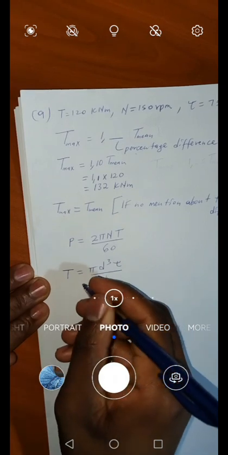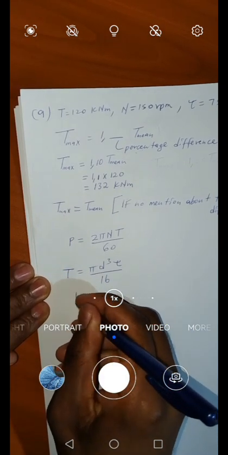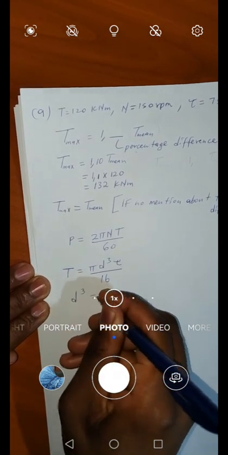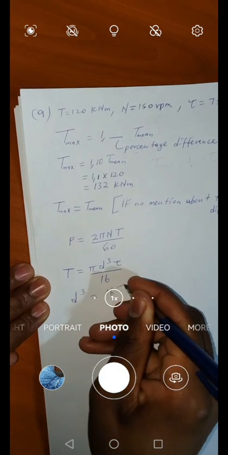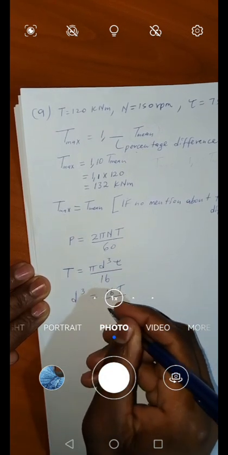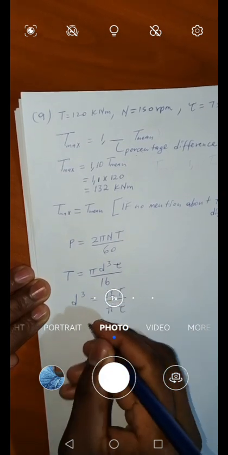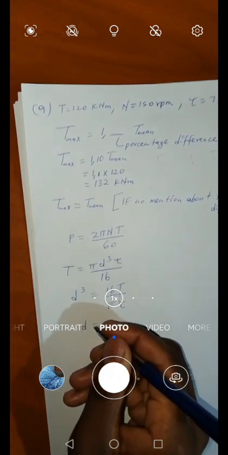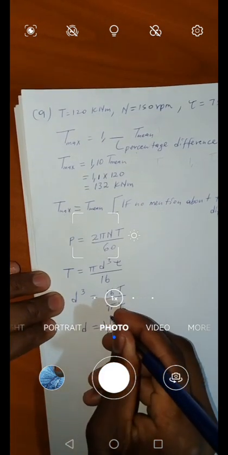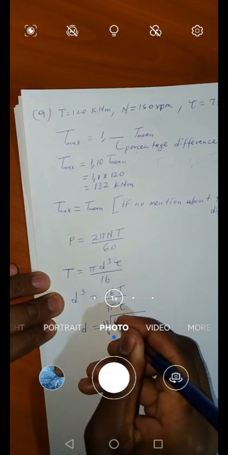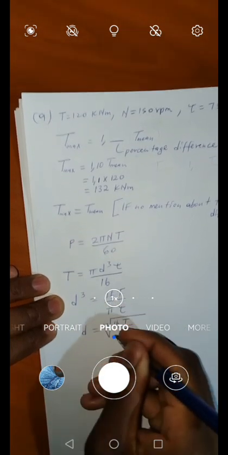Then from here, make d the subject of the formula, and we'll have 16T over pi shear stress. That means d would be equal to the cube root of 16T over pi shear stress.